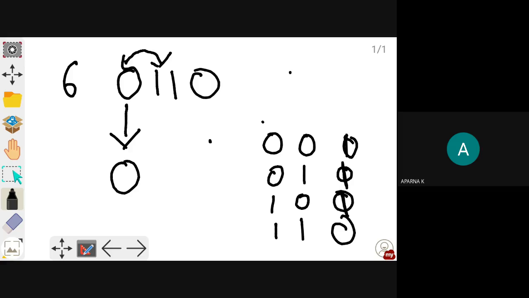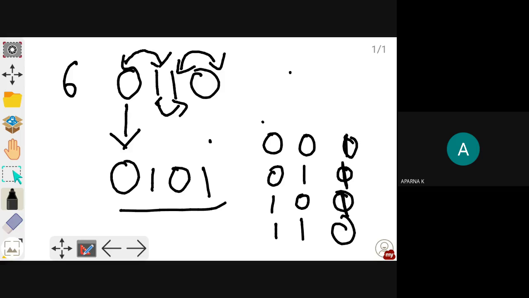Then perform XOR for the next two bits, 1 and 1. What is the output for 1 and 1? 0. Then XOR the next two bits, 1 and 0, which is 1. So this is the gray code of digit 6.